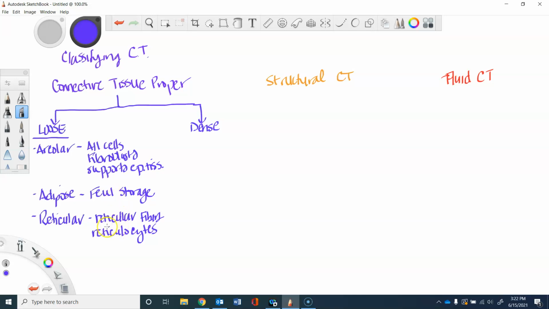This is the one that looks like grapes on a vine. It's just a bunch of cells around a stroma of fibers. You're going to find it in lymphoid tissue. So this is immune system stuff. So lymphoid tissue is where you're going to find that.